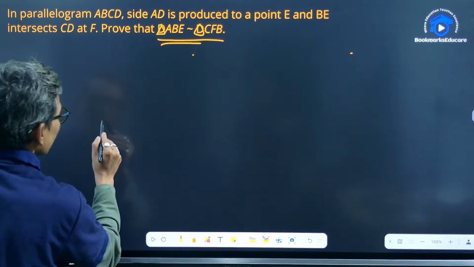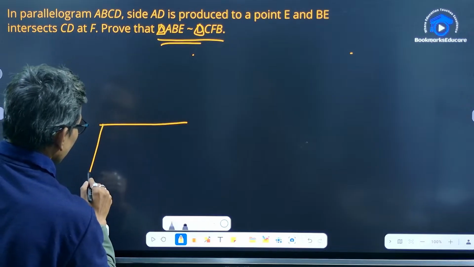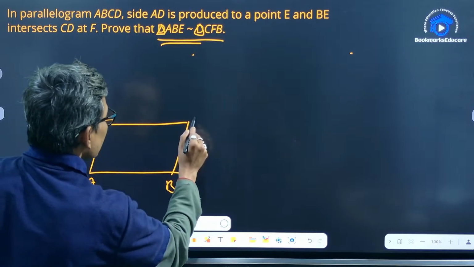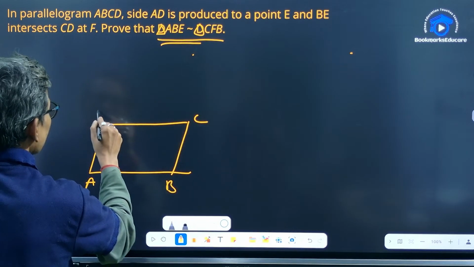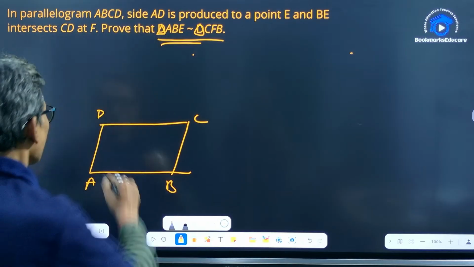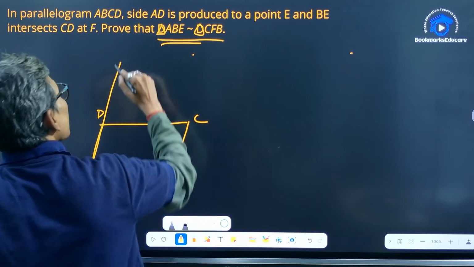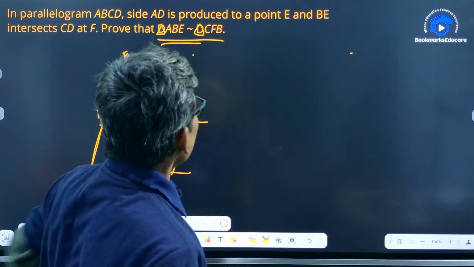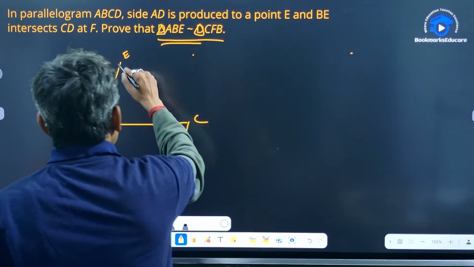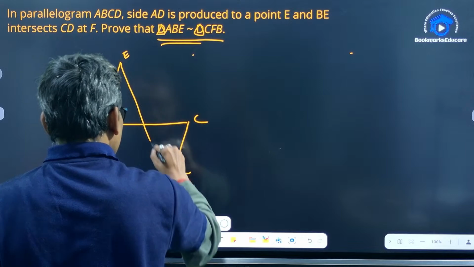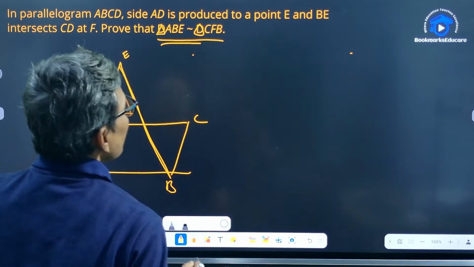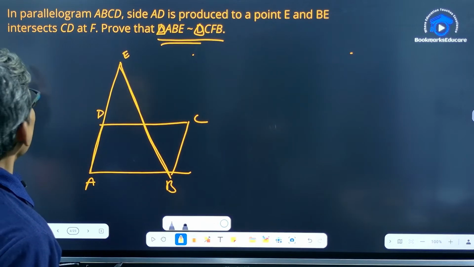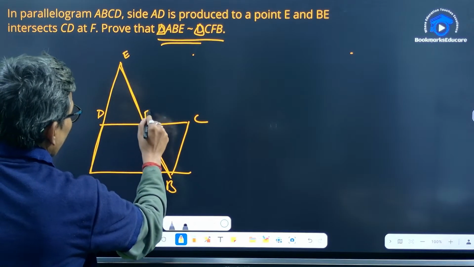Triangle A, B, C, D. AD is produced to point E, and BE intersects CD at F. Okay, fine.